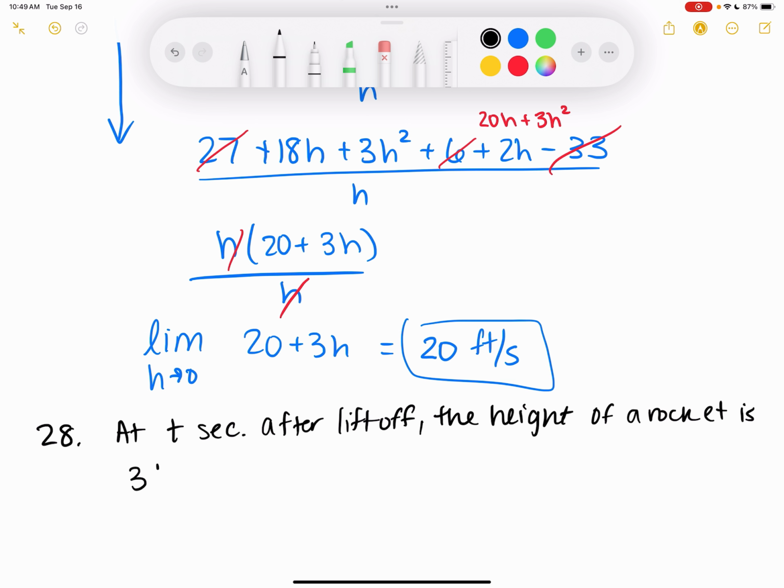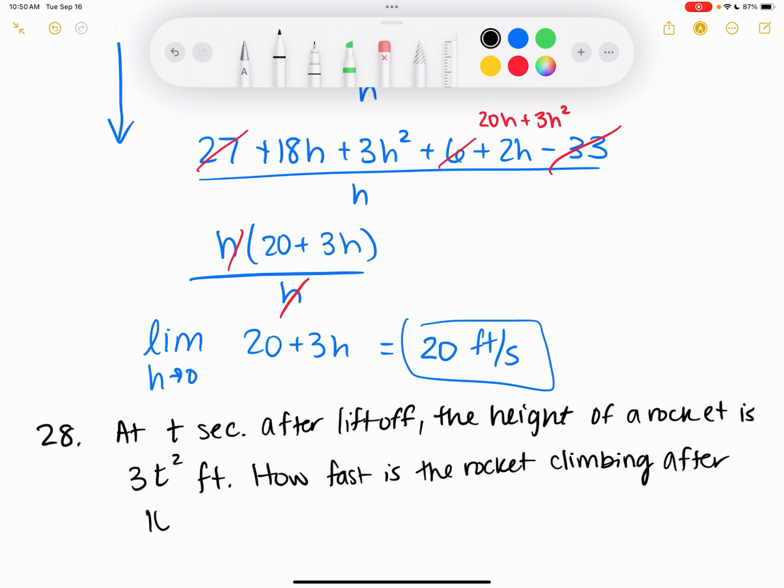How fast is the rocket climbing after t seconds? Did I say t or 10? Hold on, no, I'm confused. 10 seconds. After 10 seconds.